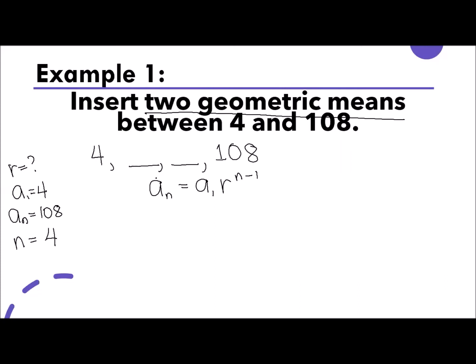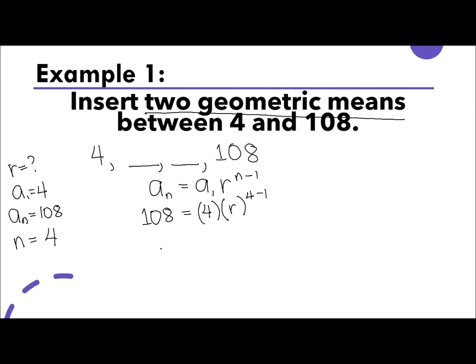Our last term, we're going to substitute it with 108. And our first term is 4. And then our common ratio is missing. And then our n is 4. Okay?